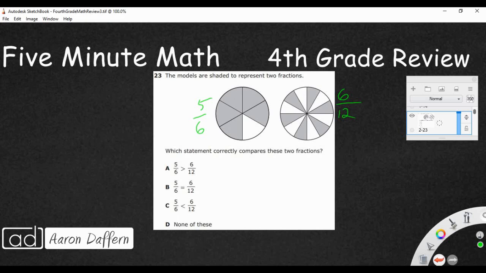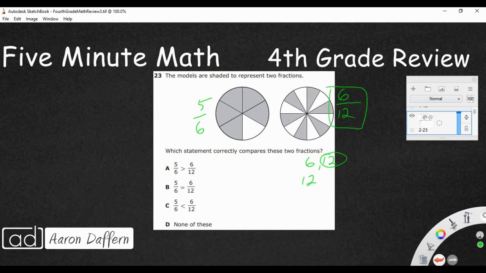How do we compare these two? The visual picture doesn't really help us because they're different sizes, and these ones are all spread out, so we need to do the same thing. We're going to need to find our least common denominator of our 6s and our 12s, and that's going to be pretty easy. Look, 12 is on both lists, which means I don't even have to change this fraction.